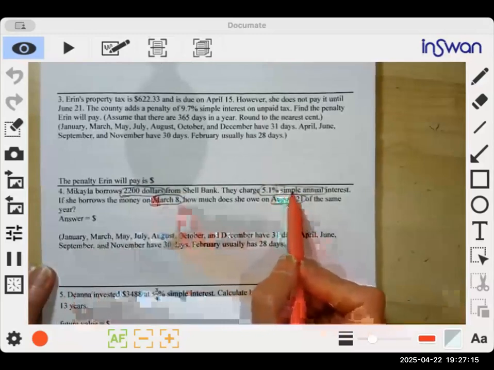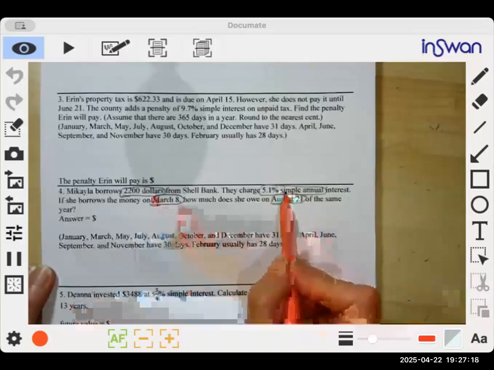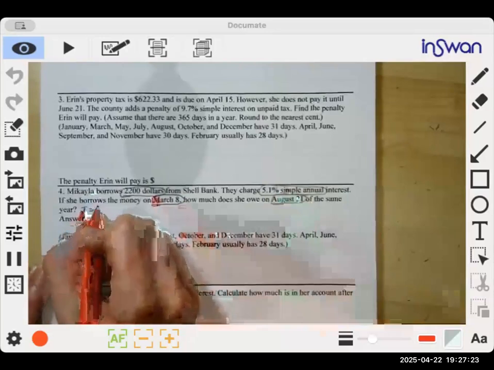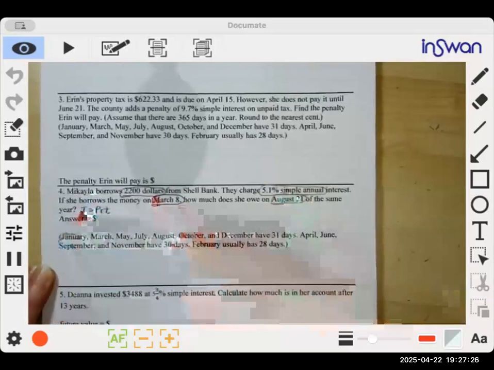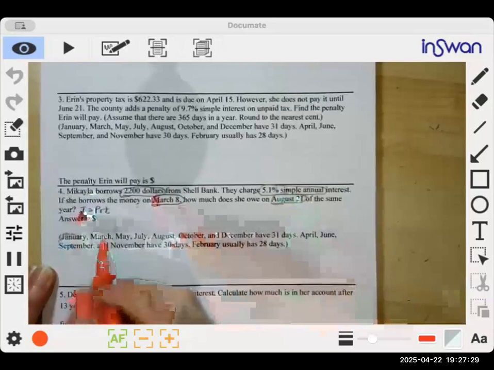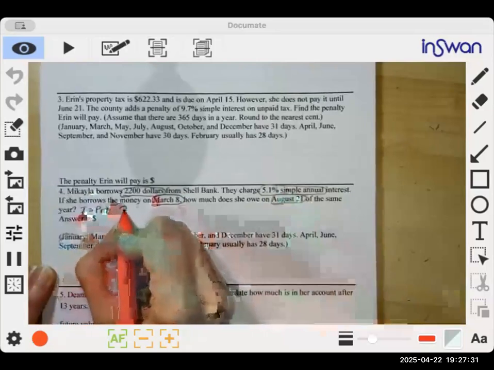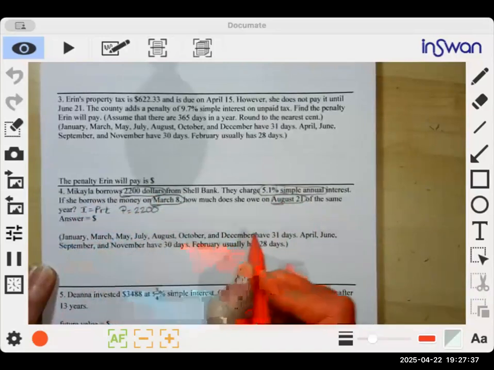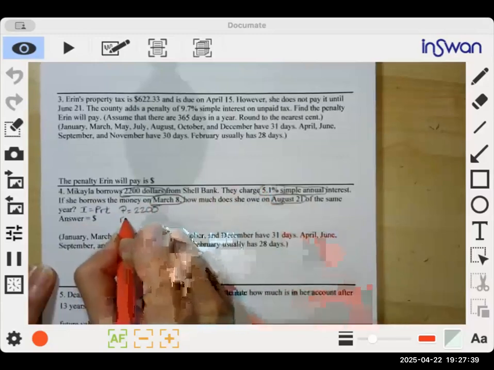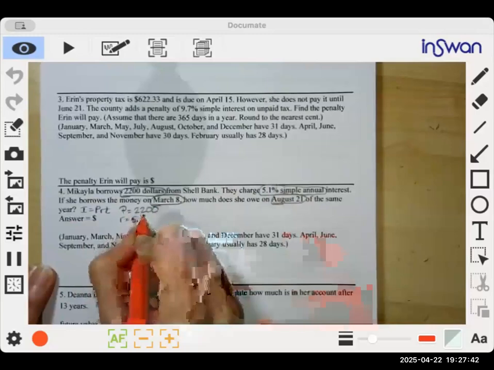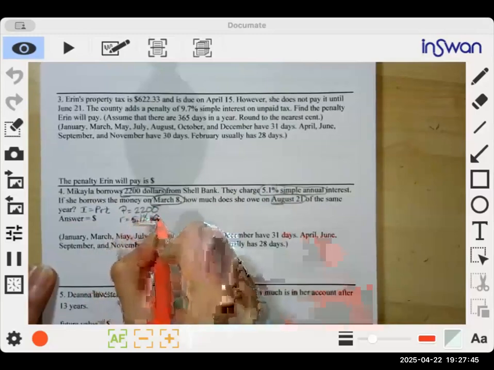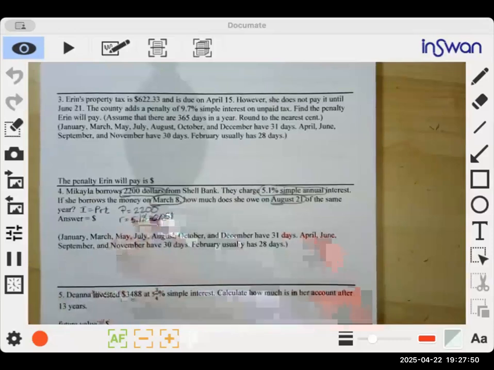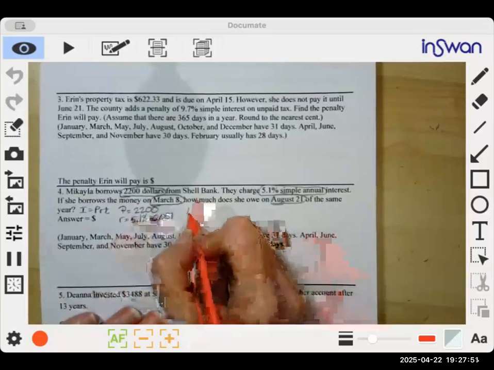We have simple interest here, so we can just use I equals PRT, where our principal is the $2,200. Our rate is that 5.1%. Our time is the thing that's messed up.